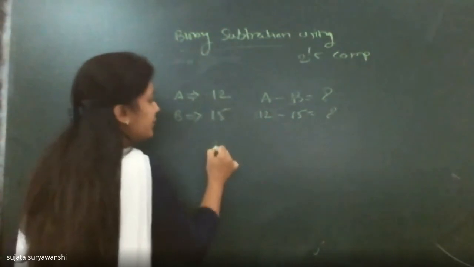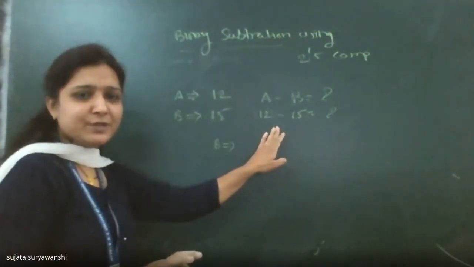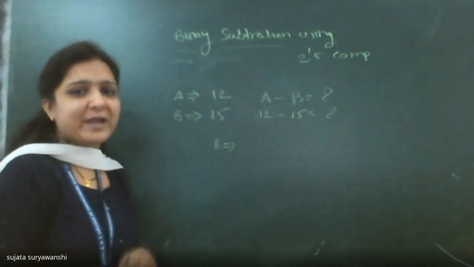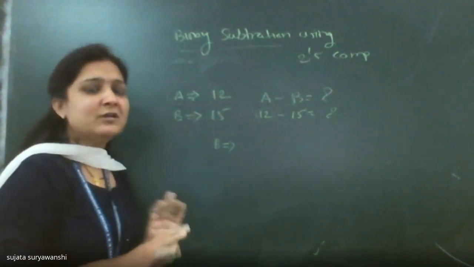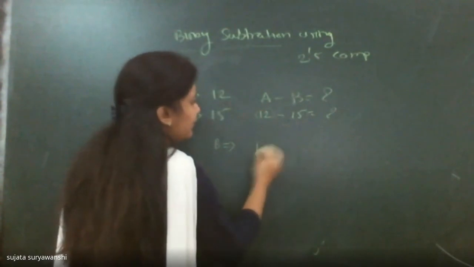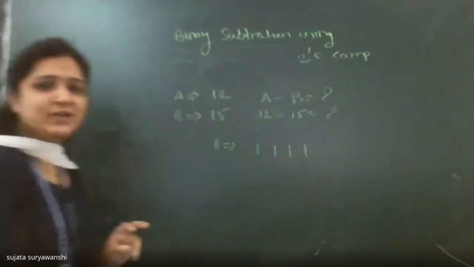So how to represent 15? Remember, these numbers are unsigned magnitude numbers, so all 4 bits can be used to show the magnitude. The MSB is not used as a sign bit. 15 can be represented as 1 1 1 1.